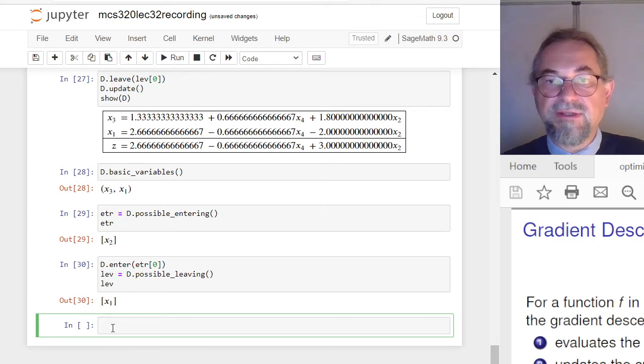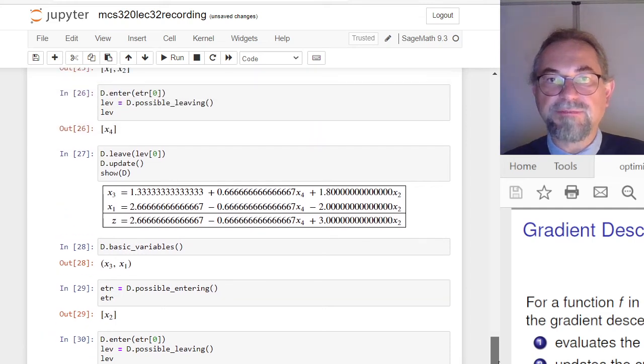So I entered, then the leaving variable is actually x1 that is possible for leaving, which is a little bit strange.